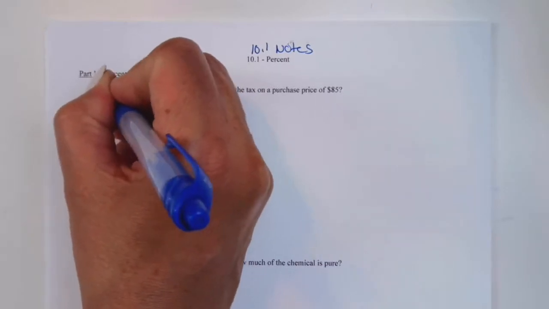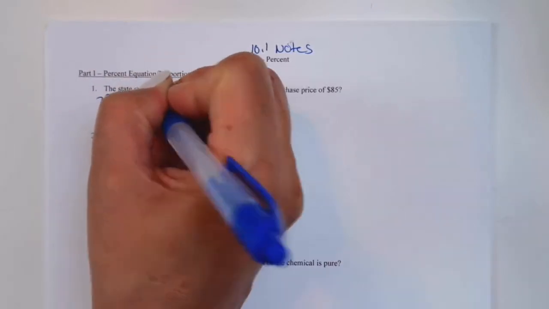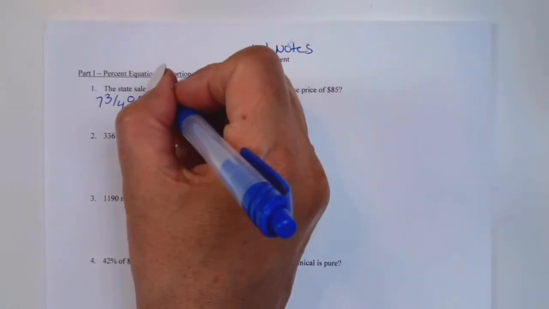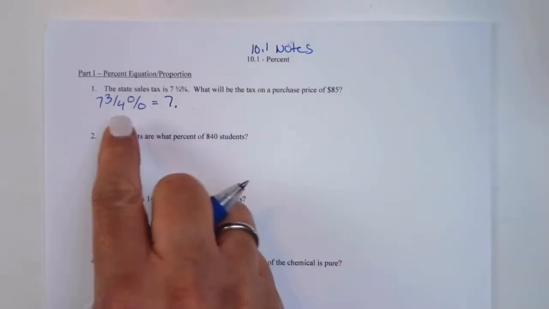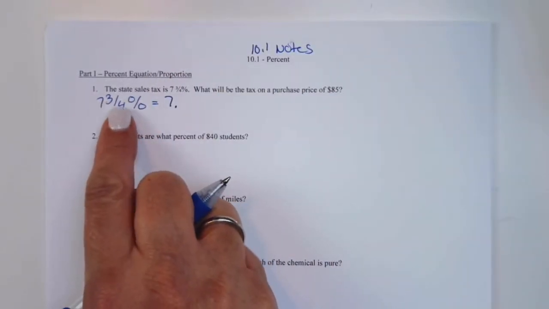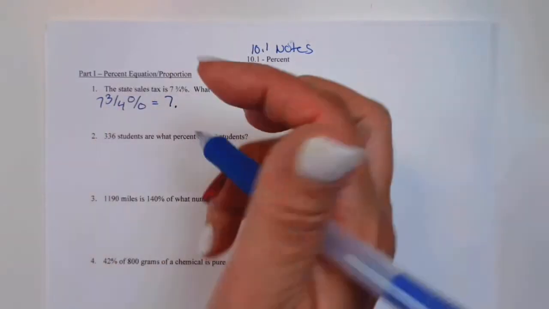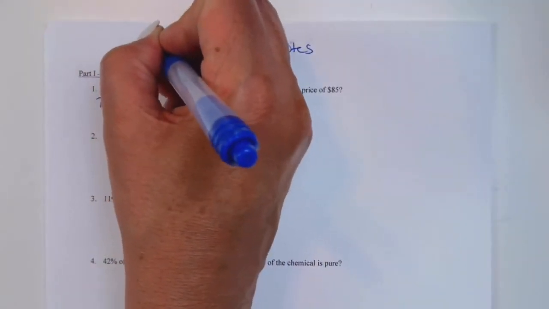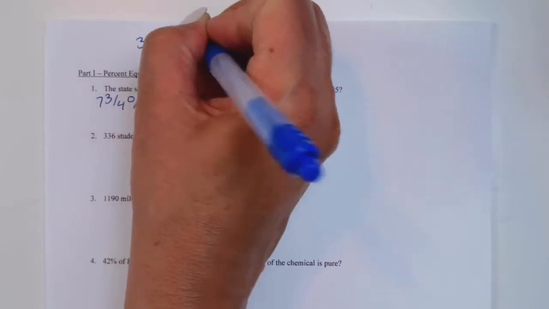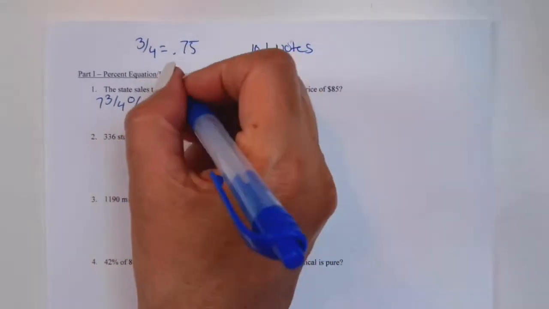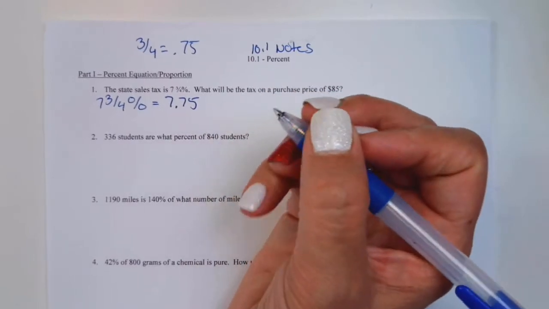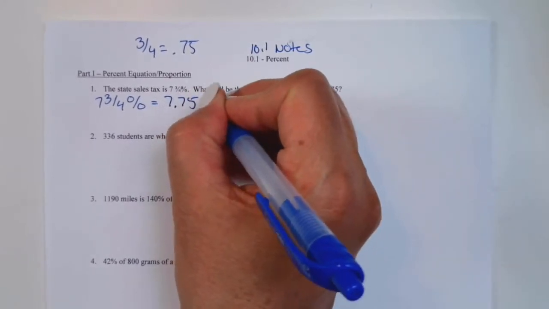So 7.75%. Now, you can use a calculator, but 3/4 does equal 0.75. Something you might remember, and you can just rewrite it as 7.75 percent.